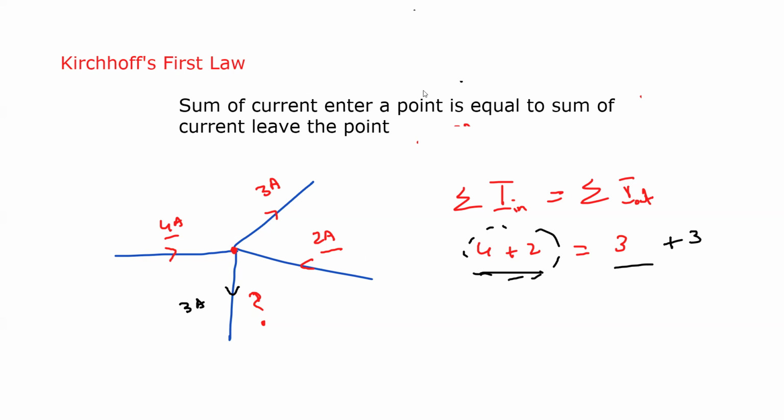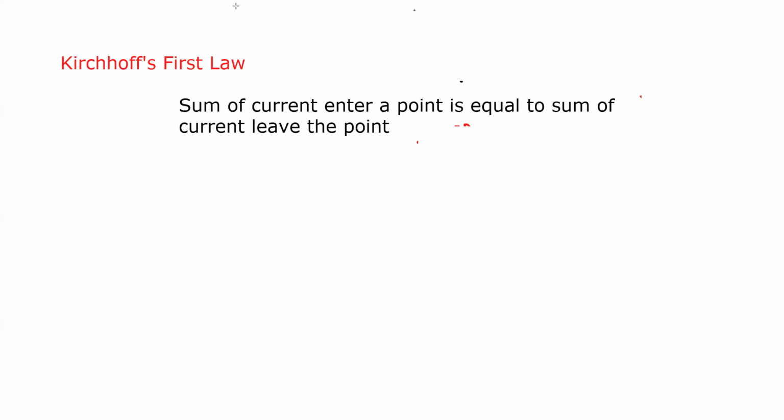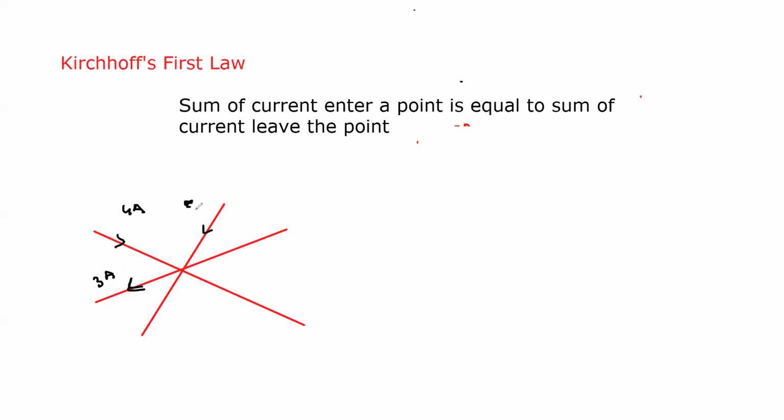I will repeat this example, because according to Kirchhoff's first law, the total current which enters at any point must be equal to the total current which leaves the point. I'll give another, similar example. Let's say you have these wires, a mesh, and say 4 ampere, 3 ampere, 5 ampere, 2 ampere, 7 ampere.